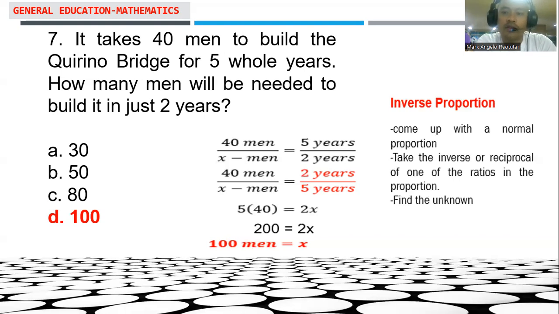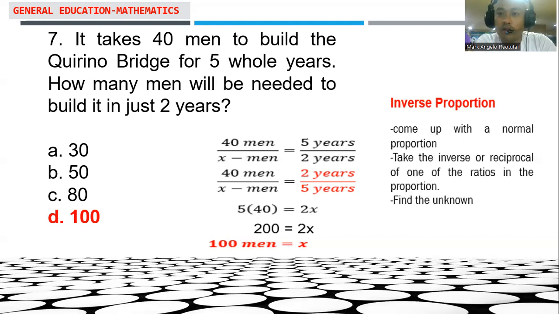Take the inverse or reciprocal of one of the ratios in the proportion. Let's say, yung pangalawang ratio, ang tinake ko yung kanyang reciprocal, naging 2 over 5. Kanina dun sa original, naging 5 over 2. Okay? So that will now be our stepping stone in order for us to solve the problem.